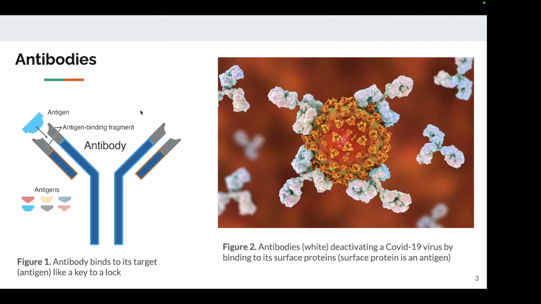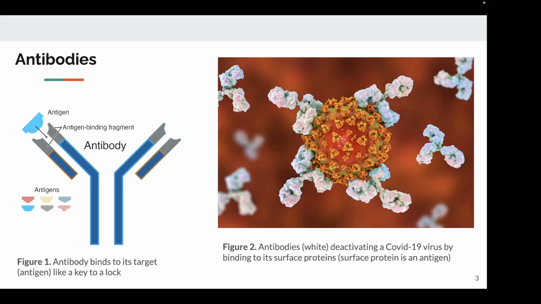So antibodies, I'm sure everyone heard about them during the pandemic. They are a specific kind of proteins which are produced by an organism, for example, by a human, in response to some toxins or pathogens like viruses or bacteria entering the body.